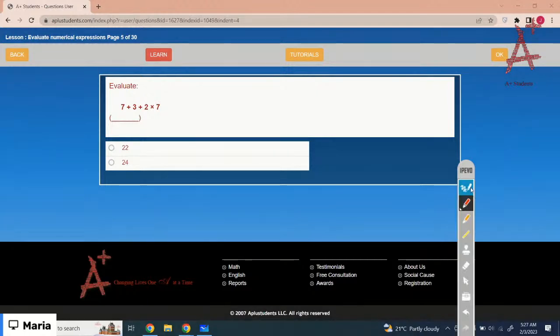Okay, the next one is 7 plus 3 plus 2 times 7. So first of all, we have to perform the multiplication. Got it? It would be 7 times 2 is 14.